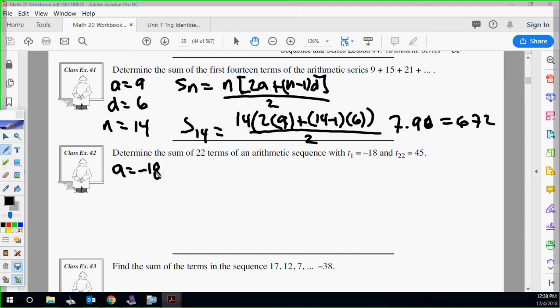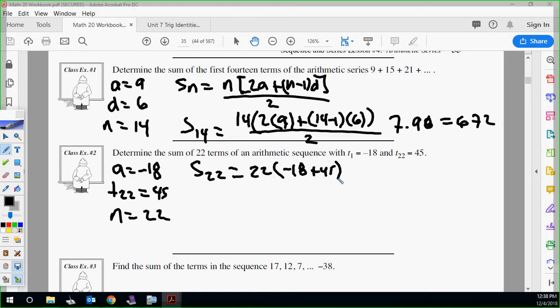We know that we're going for term 22, which is 45, and n is 22. So S of 22 is 22 times negative 18 plus 45, all over 2. 45 is t22. That's what the t sub n is.